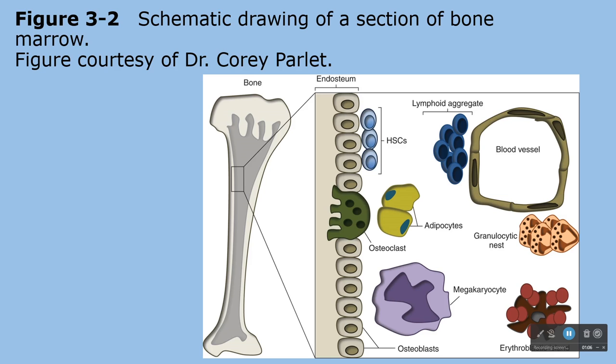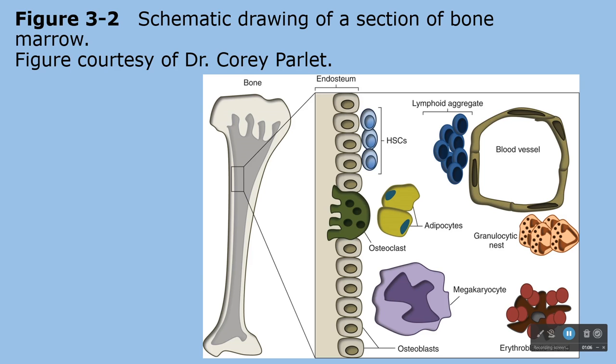This is where your osteoblast and the osteoclast hang out right in this area here. Then you would have your stem cells that hang out in this area too. Then you've got an area that has lymphocytes or lymphoid cells that hang out. And then of course you've got vessels, so the endothelial cells of the vessels.